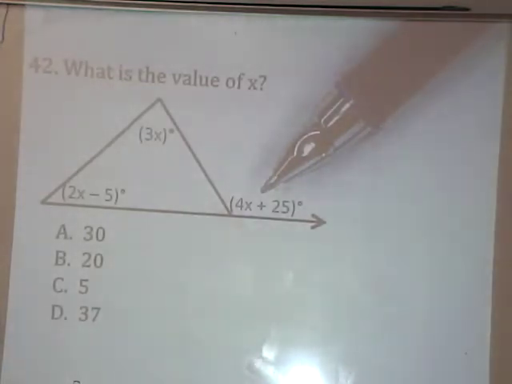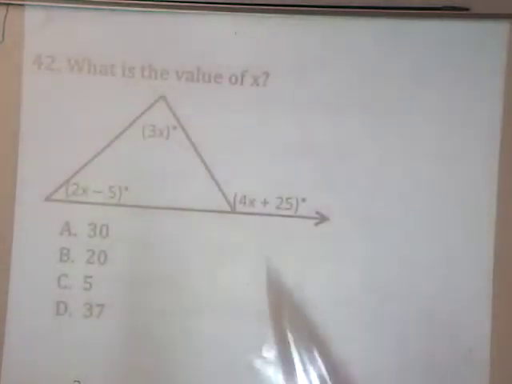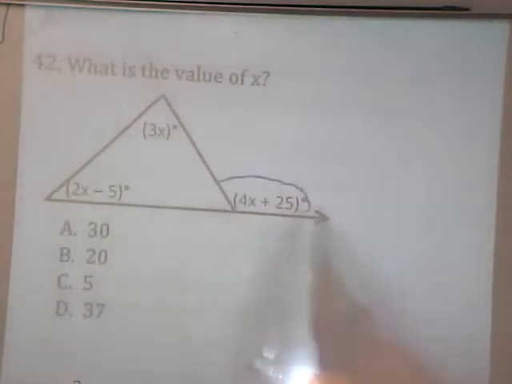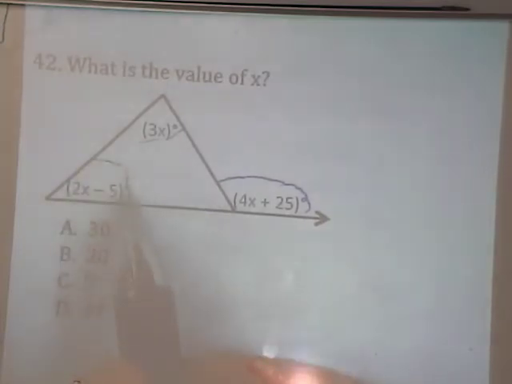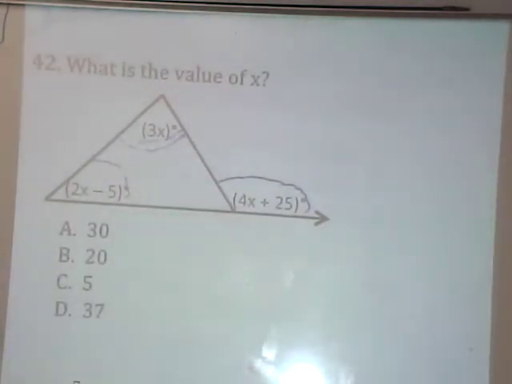It starts with an E. It's an exterior angle. It's on the outside of the triangle. Make sense? So what do we call the other two angles? They're the remote interior, opposite interior angles. So if this is the exterior angle we're talking about, these two angles here would be the opposite interior angles.